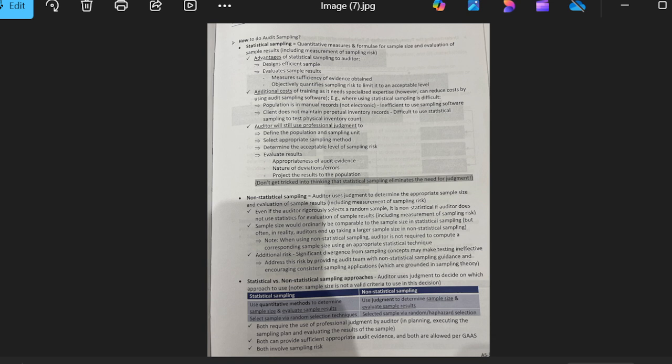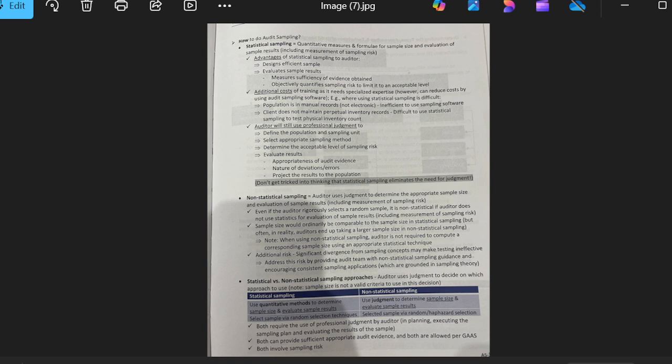Also, there is additional cost of training as it needs specialized experts. The auditor will also use professional judgment to define the population and sampling unit, select the appropriate sampling method, and determine the acceptable level of sampling risk.